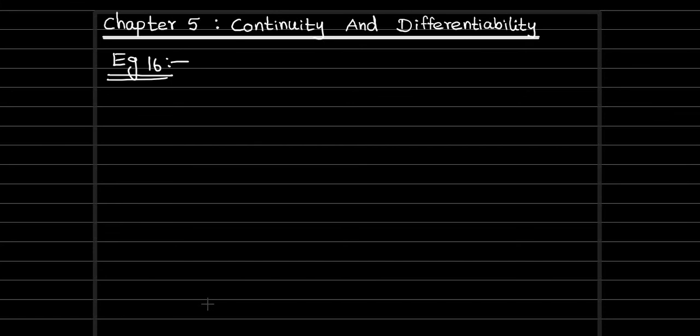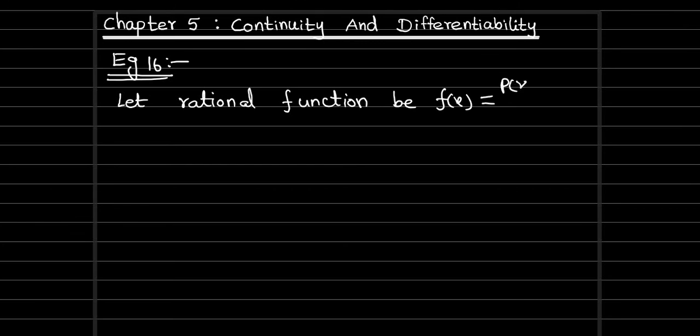We know that every polynomial function is continuous, so we can take this as a mathematical fact. Now let a rational function be f of x equal to p of x by q of x, where q of x is not equal to 0. Here p of x is also a polynomial function, and q of x is also a polynomial function.